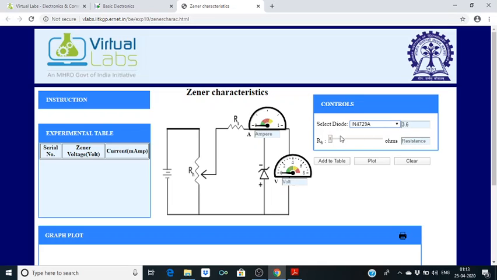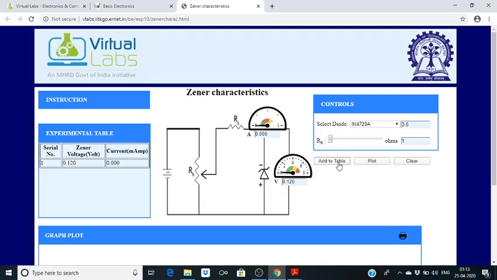So first we will set it to 1. Now in this case the current is 0 and the voltage across the Zener diode is less than the breakdown voltage, so that's why there is no current.